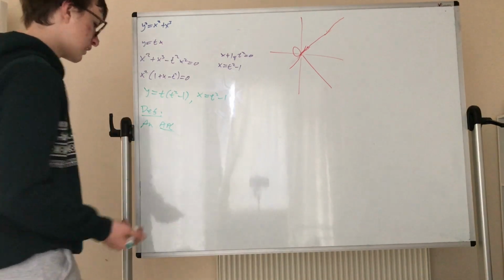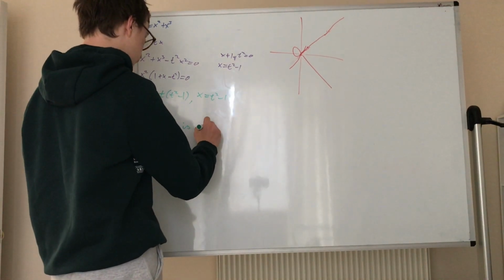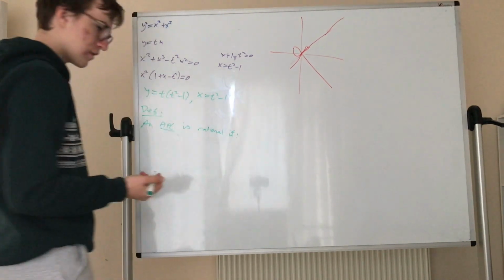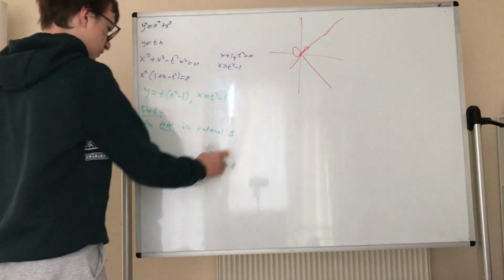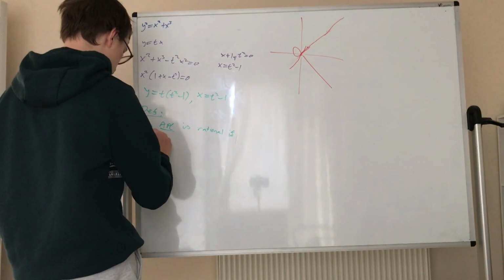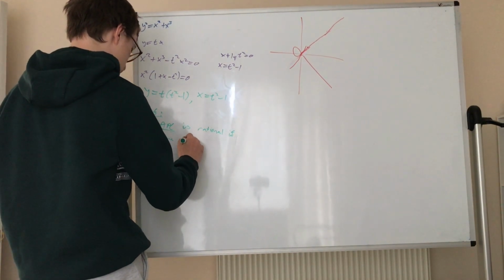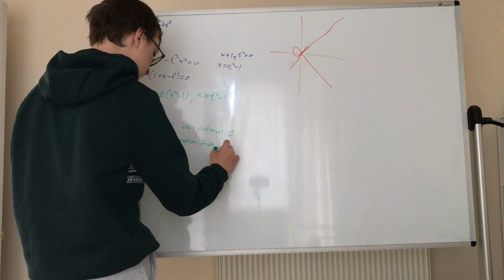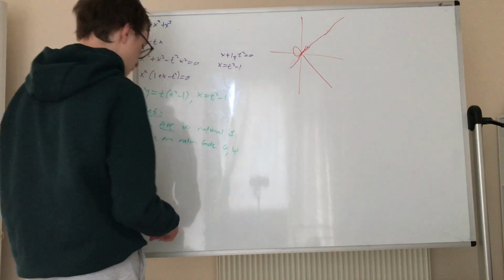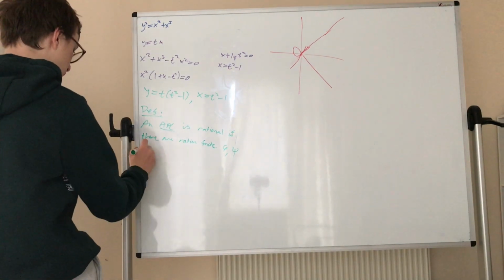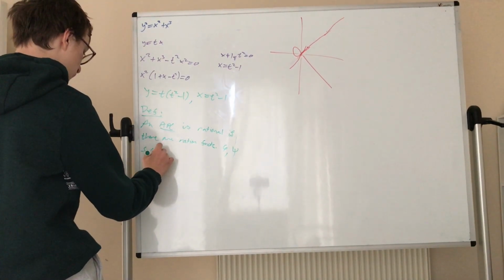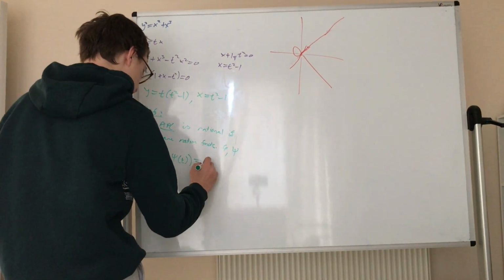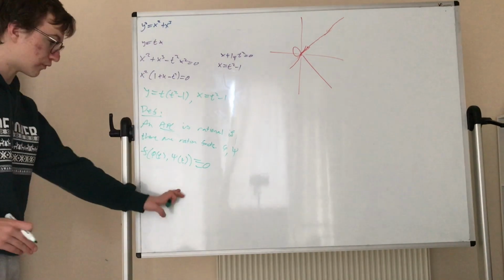An algebraic plane curve is rational if there exist rational functions phi and psi such that f of phi of t, psi of t is equal to 0 as an identity for all t.